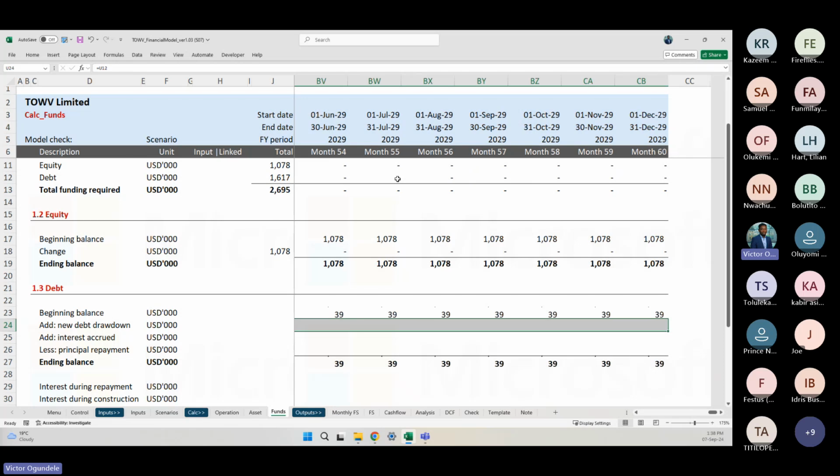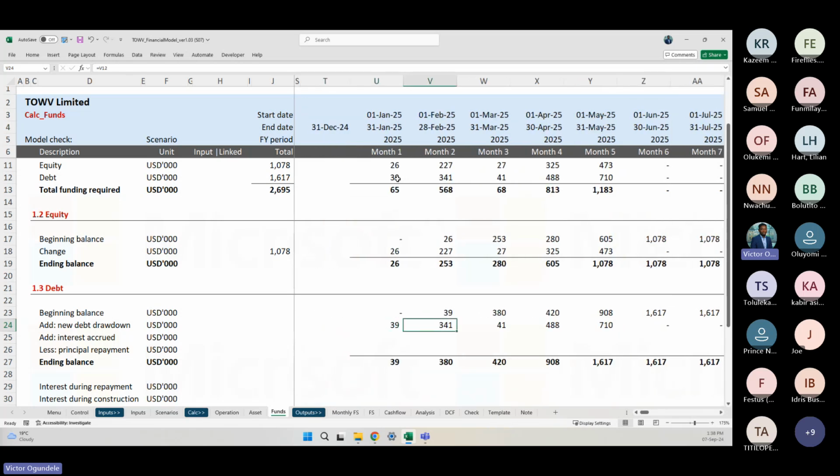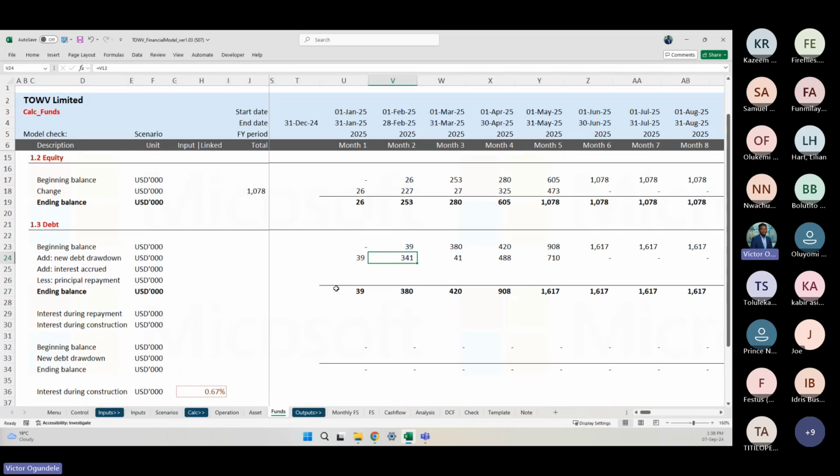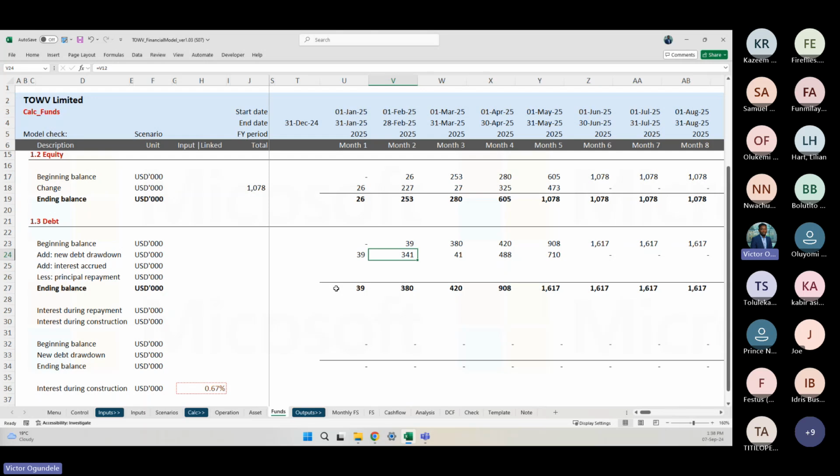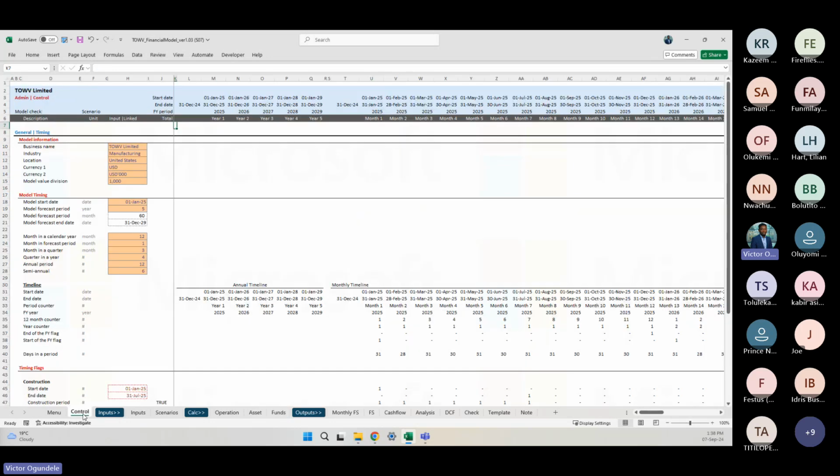Copy that across the forecast period. So link your new debt drawdown.